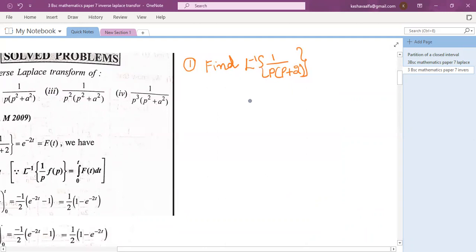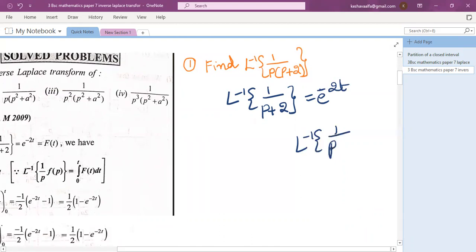First of all, we know that L inverse of 1 by p plus 2 is equal to e power minus 2t. That is the basic formula: L inverse of 1 by p plus a is equal to e power minus at. Using this basic formula, L inverse of 1 by p plus 2 is e power minus 2t.